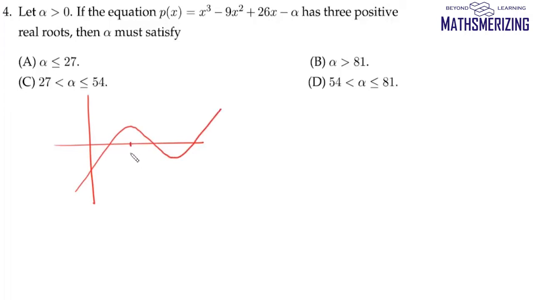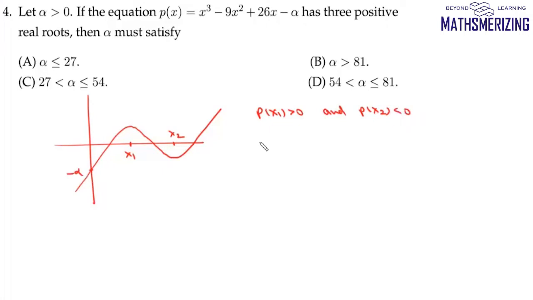Now suppose it has a maxima at x1 and a minima at x2, then P(x1) should be greater than 0 and P(x2) should be less than 0, and this value is minus alpha.